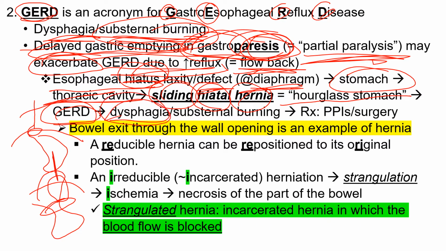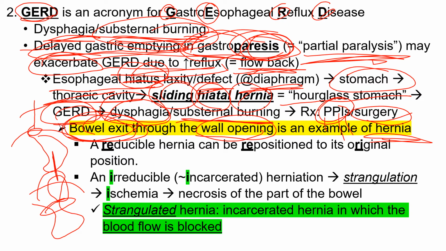This obviously presents with dysphagia, difficulty swallowing, as well as substernal burning, a typical GERD presentation, and should be treated with PPIs. PPIs stand for proton pump inhibitors, or surgery if necessary, if it's really bad. So just remember that bowel exit through a wall opening, that's the definition of hernia, okay? You got to have a wall and you got to have a previously present hole, so a wall opening, okay?